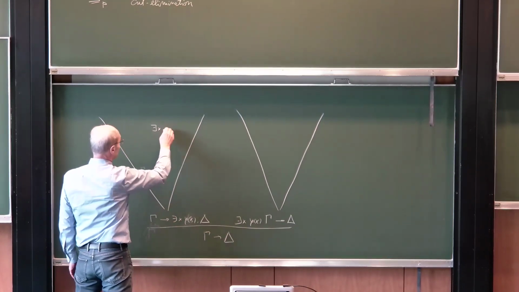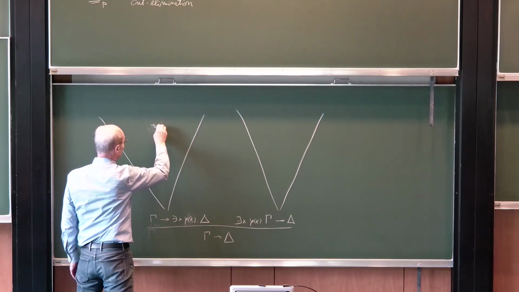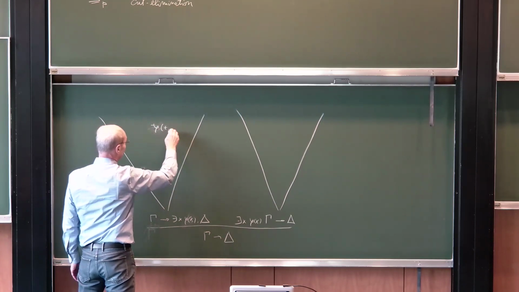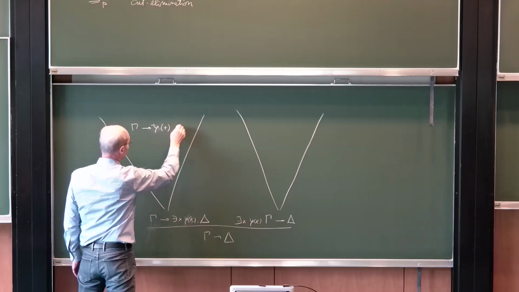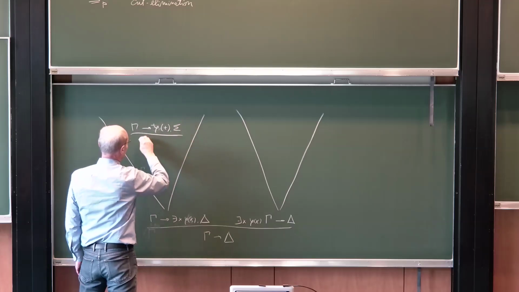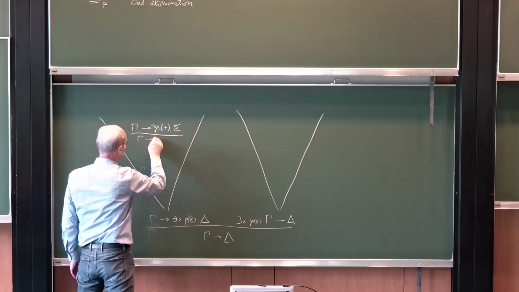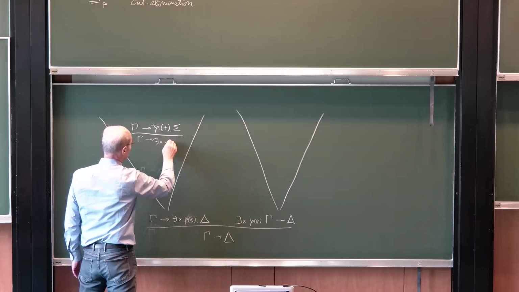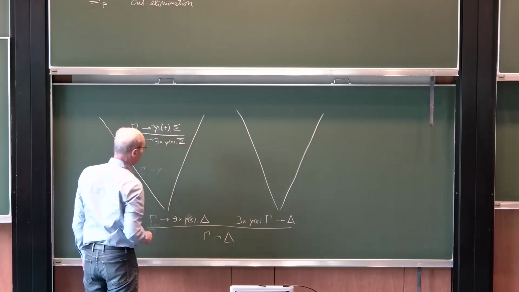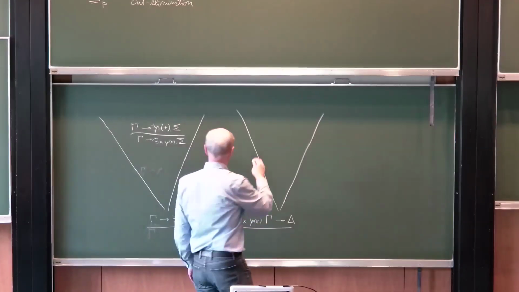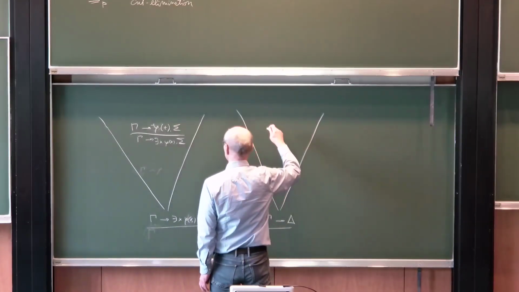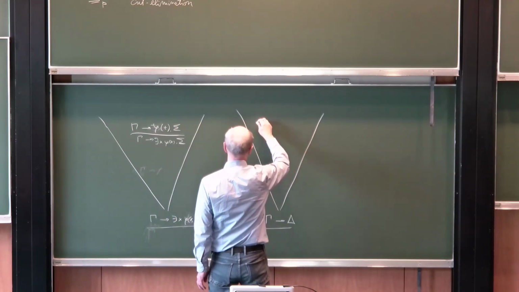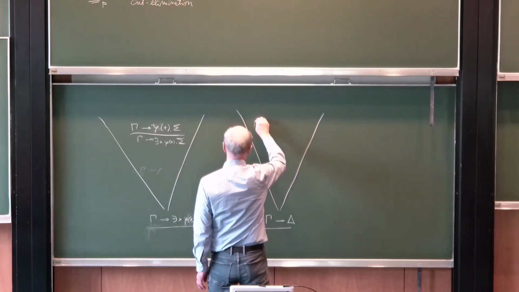So these are places where we have some P, say, sigma, and from that we get this sigma, and places where the same thing is introduced on the left-hand side, so let's say gamma.